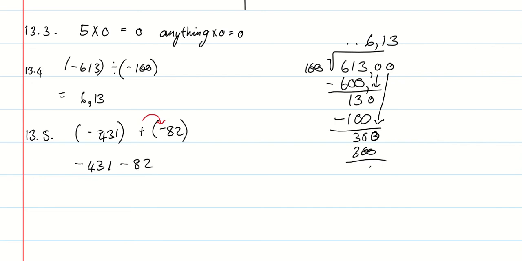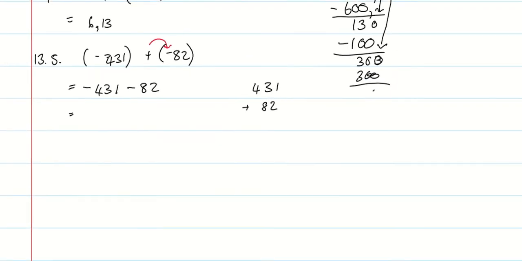Alright, so that is actually what we have, and then because we have that, our answer is going to be, now I'm going to say a negative times a negative, so this is going to be a plus sum, so it's going to be 431, and then I'm going to add, because I'm going further into the negatives. Alright, we already have a negative.